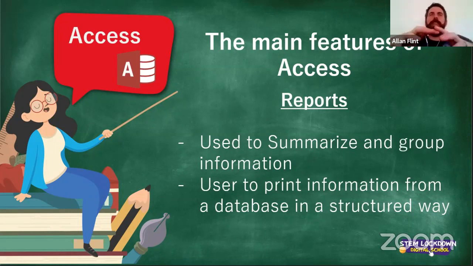So basically, you're taking all the information from a table or from a query that you have created and summarizing that information into a way that is easy for a user to identify trends and group information. Like I said, a user is then able to print this information.